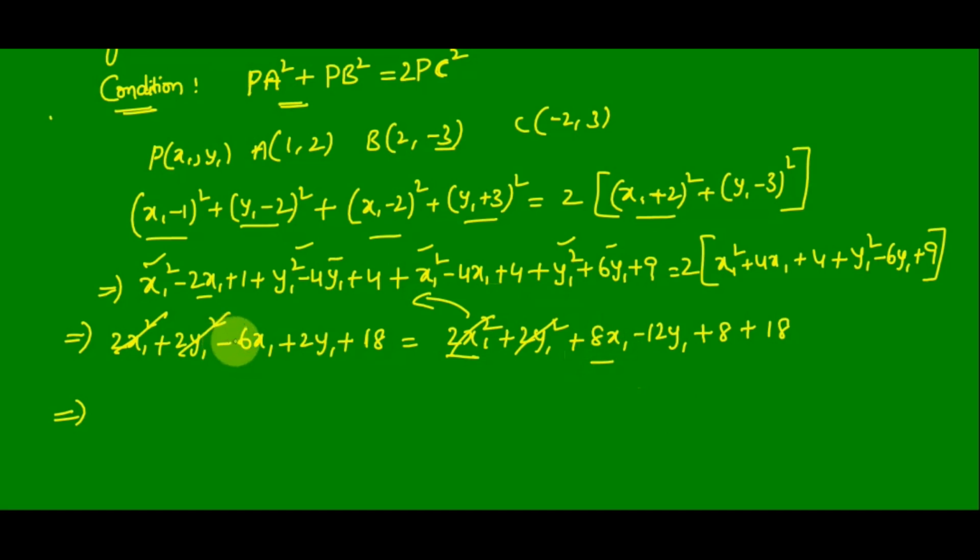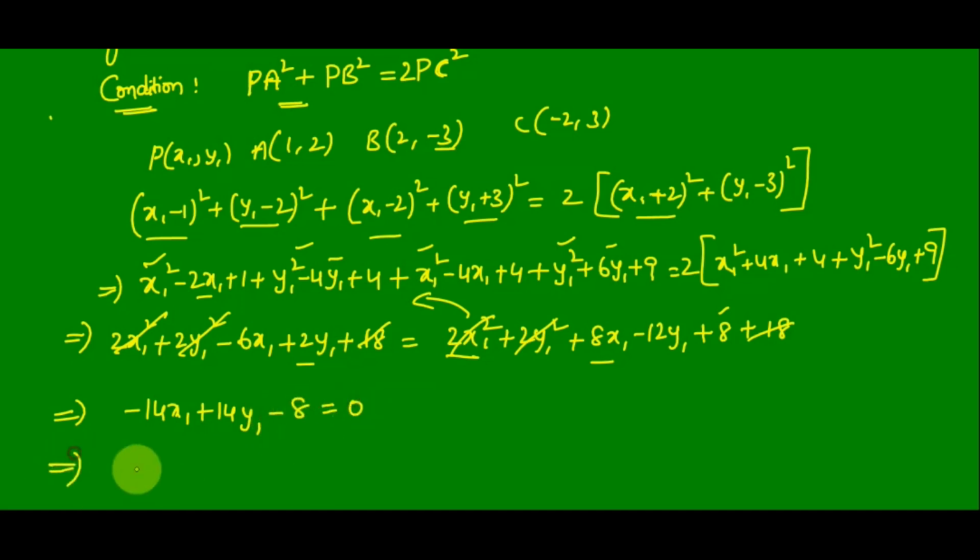So minus 6 and minus 8 is a total of minus 14x1. Similarly, plus 2y1 is there, and minus 12y1 when it comes to the left side will become plus 12y1. So 12 plus 2 is plus 14y1. Then plus 18 and minus 18 get cancelled. Only plus 8 is there. If this comes to the left hand side, it will become minus 8 is equal to 0.